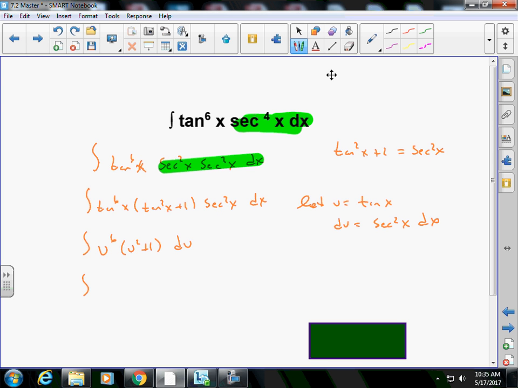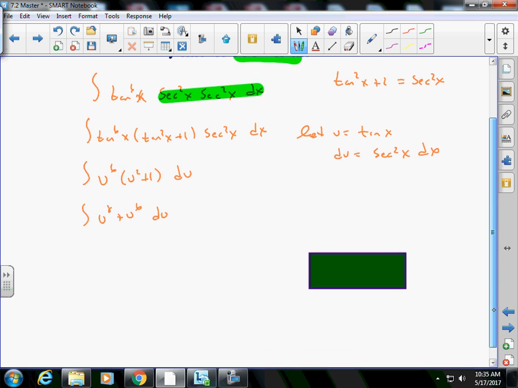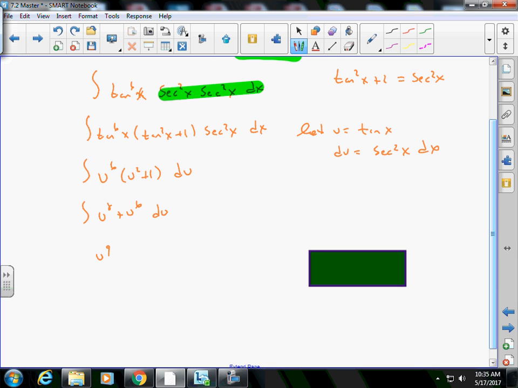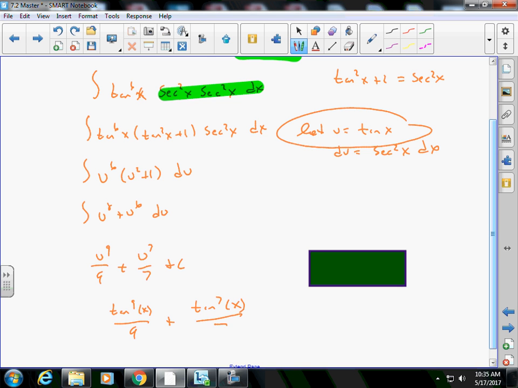Distribute my u to the 6th, I get u to the 8th plus u to the 6th du. I will integrate that, u to the 9th over 9 plus u to the 7th over 7 plus a constant. U, again, was tangent x. So tangent to the 9th of x over 9 plus tangent to the 7th of x over 7 plus my constant.